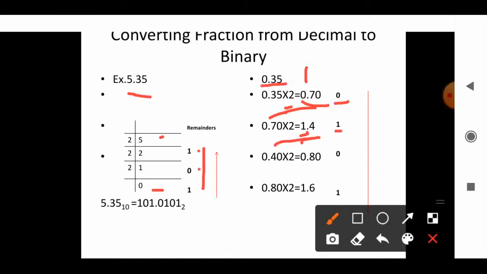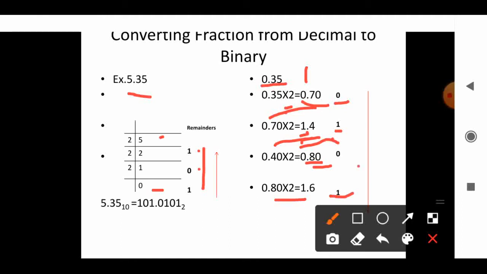Here you have to multiply 0.40 by 2 because the remainder is 0.40. The value is 0.80, the integer part is 0. Now multiply 0.80 by 2. The value is 1.6, it is 1.